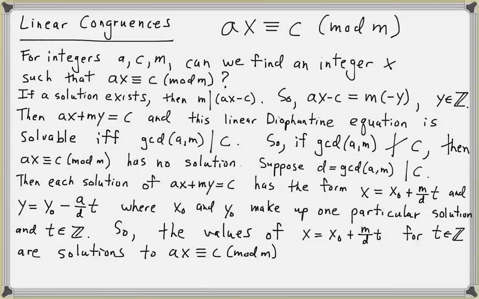Therefore there are infinitely many solutions to this congruence. For any integer value of t, we can produce another solution.